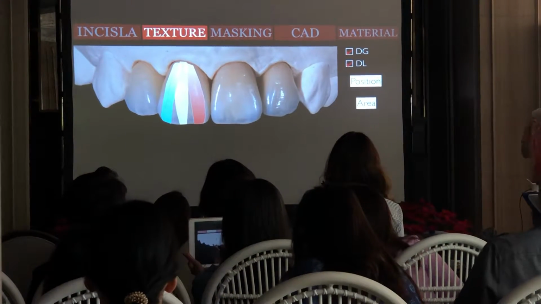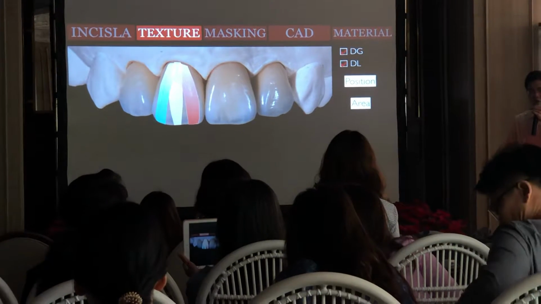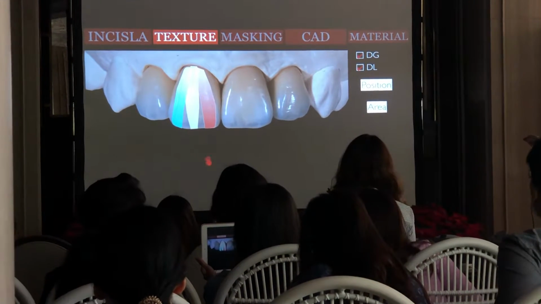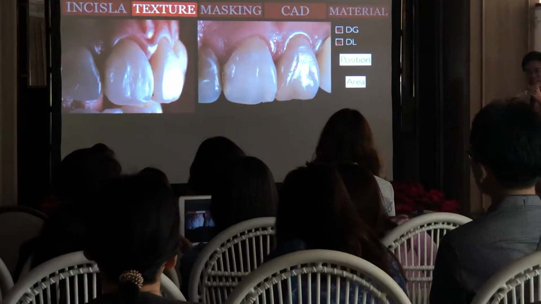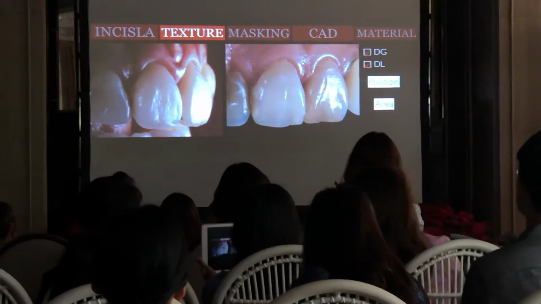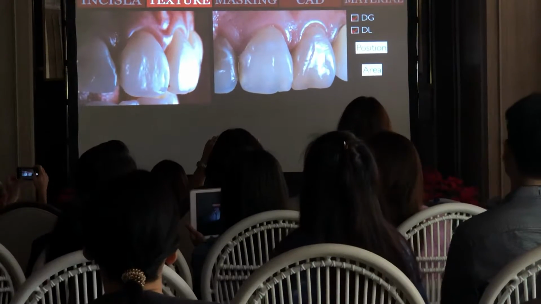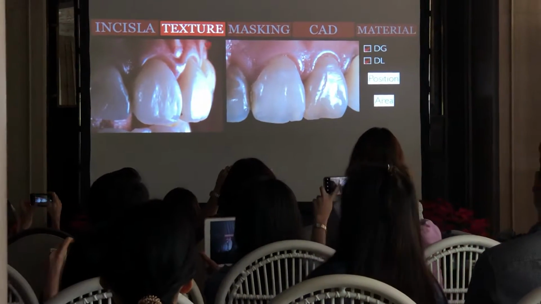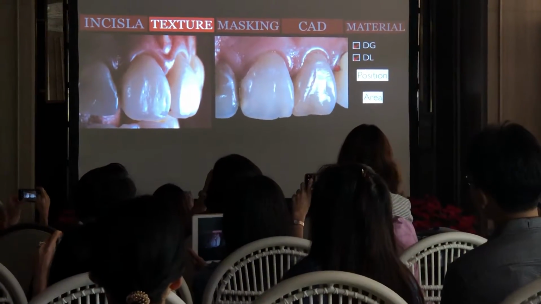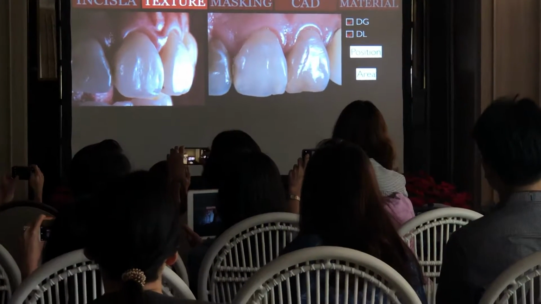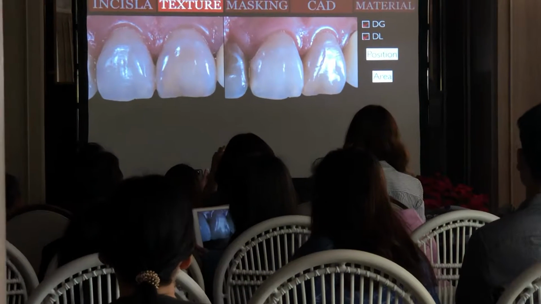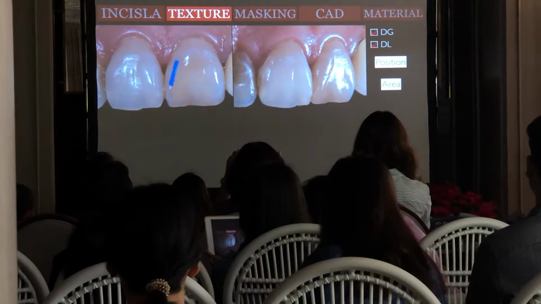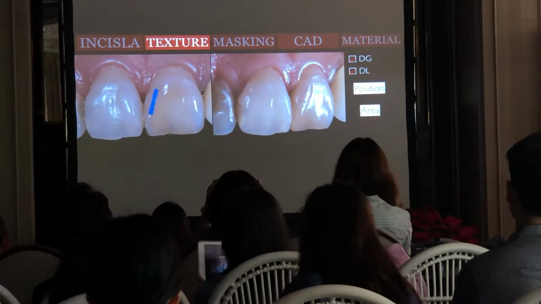No, you need to let the technician know the position and area. So your photo needs a side photo, and use the twin flash to make the shadow, to let your dental technician understand where your developmental groove and your lobe are.